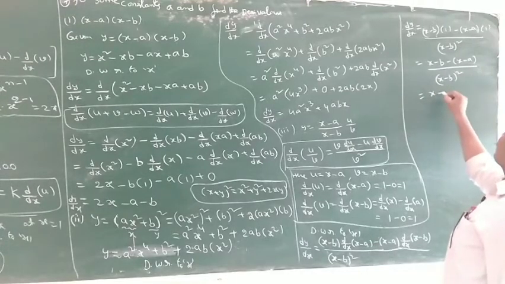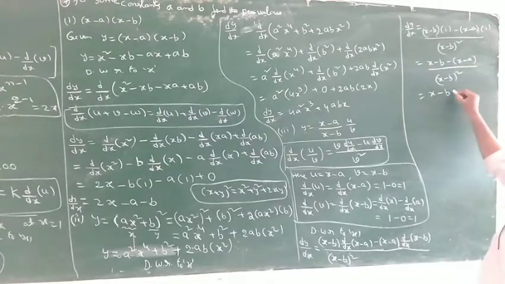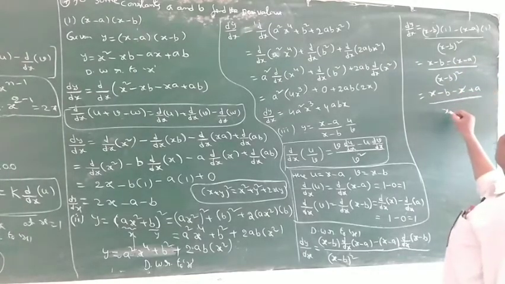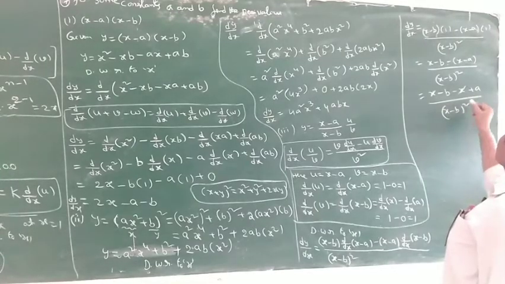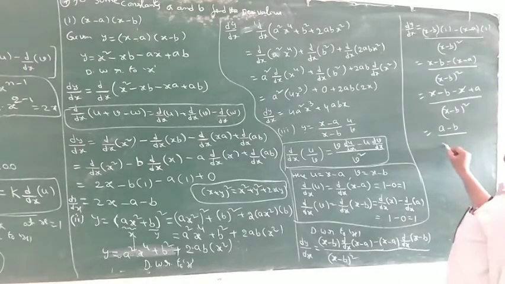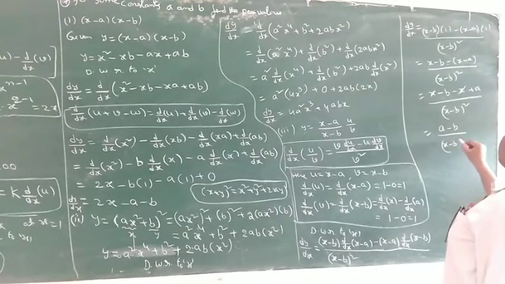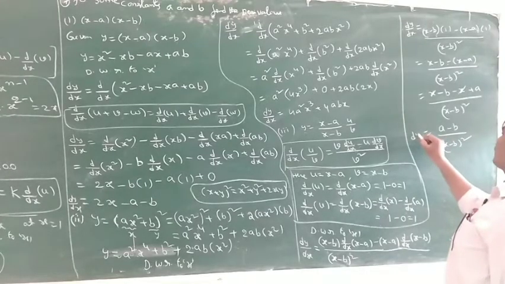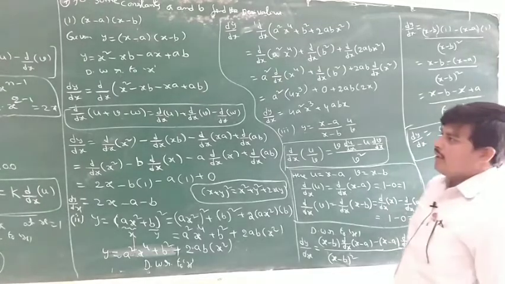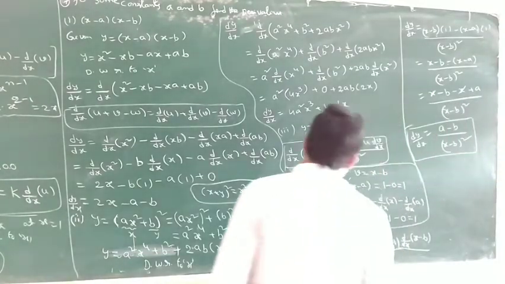So x − b − x + a, the x and −x cancel, over (x − b)². So −b + a means (a − b)/(x − b)². This is the u by v formula.